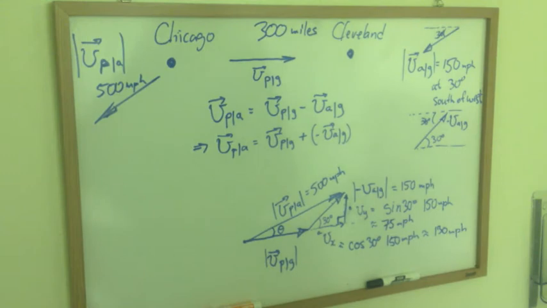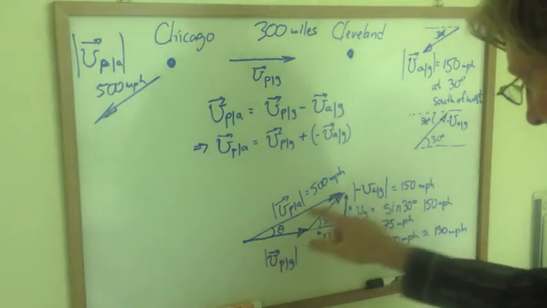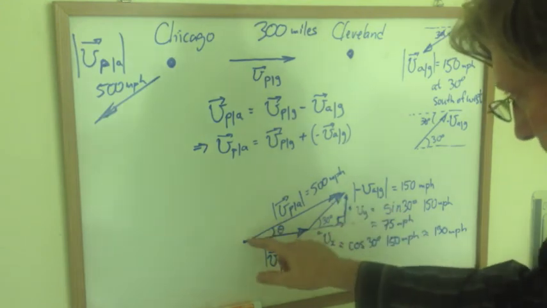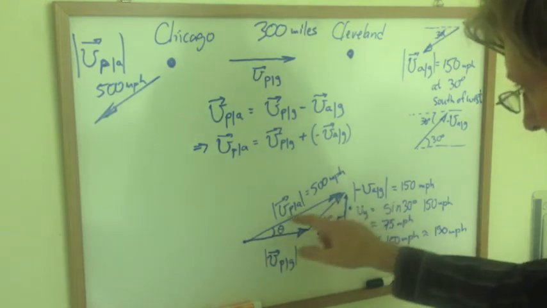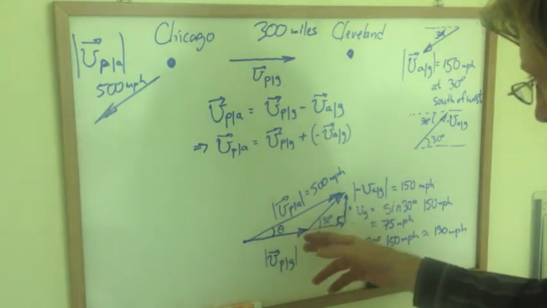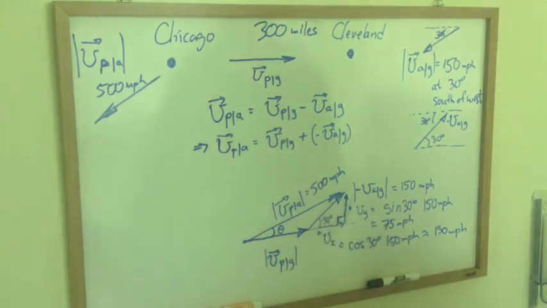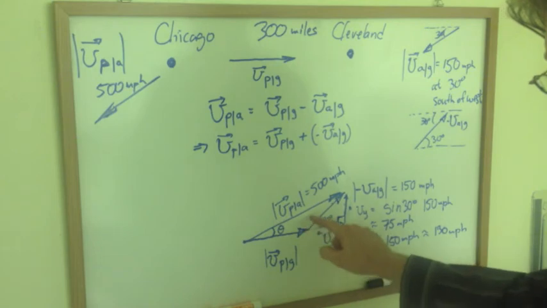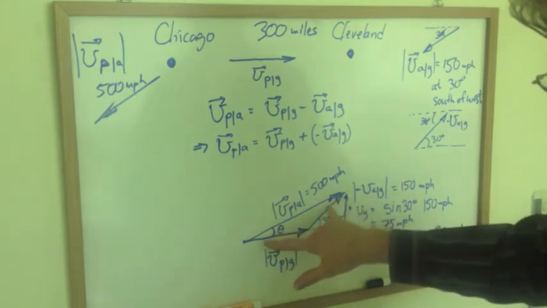All right, now vectors add up. These vectors do not add up as easily as the problem in class, because they're not at 90 degrees to each other.